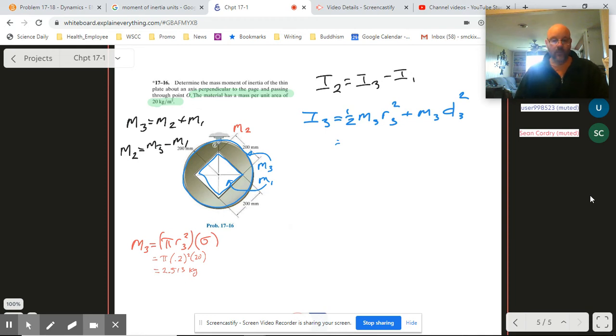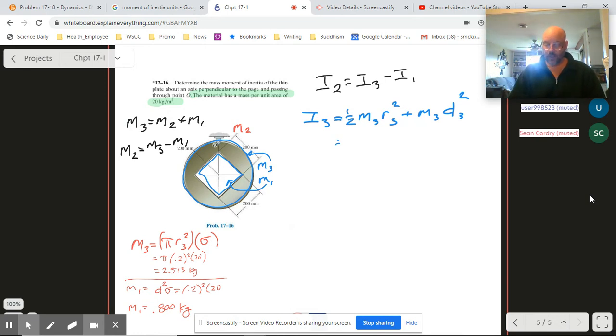Now we still need to get M1. M1 is the square, so we're going to have the side of the square squared times the surface mass density. So that gets us 0.2 squared times 20. So M1, I calculated that, was just 0.8 kilograms.